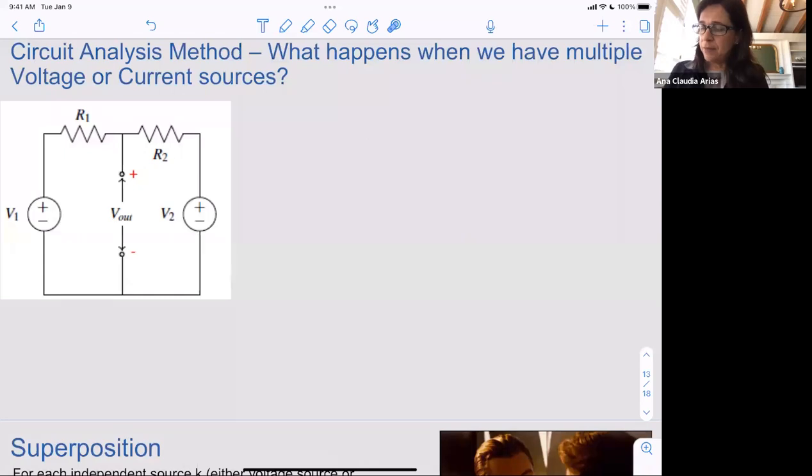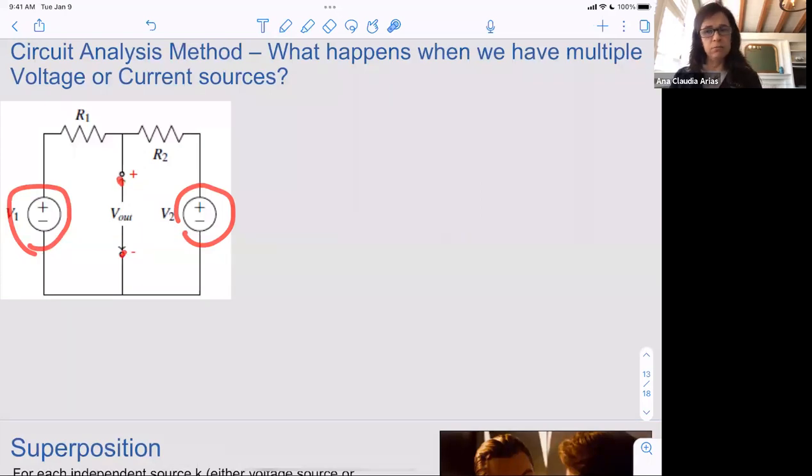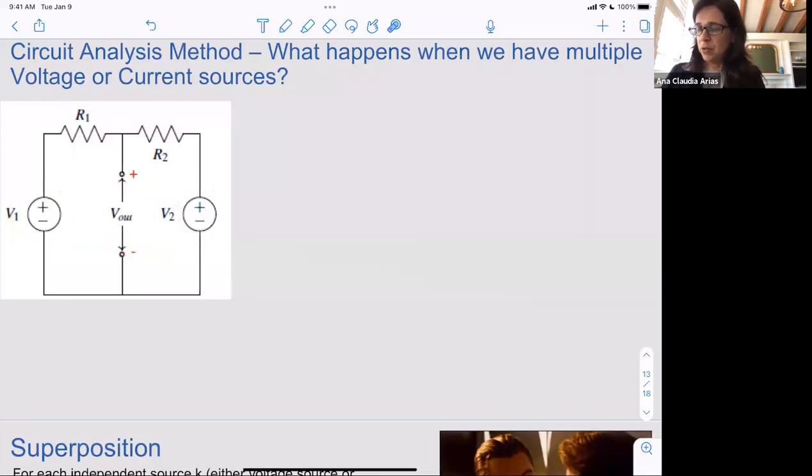Now here I have 2 voltage sources. I have an open circuit here where I want to measure V out. I'm going to use this open circuit to measure something. And I have 2 resistors. Not too complicated, but different, because we never had 2 independent sources before.